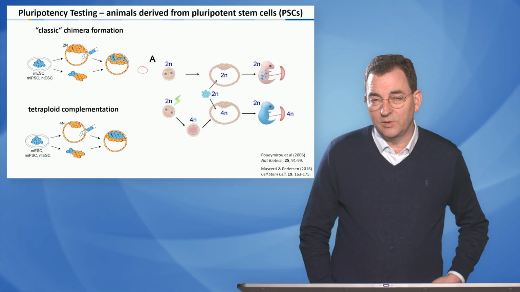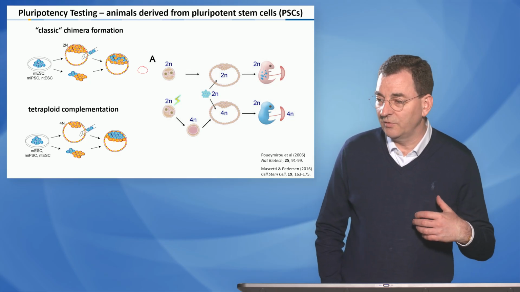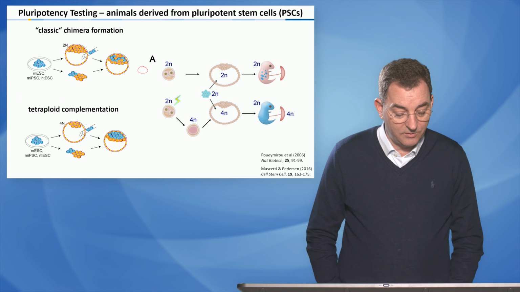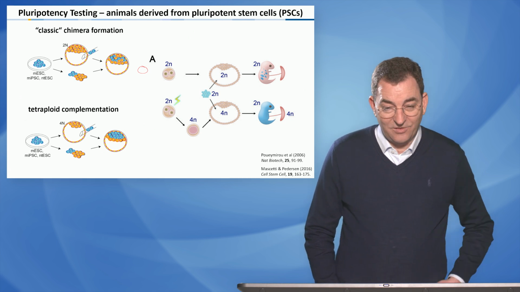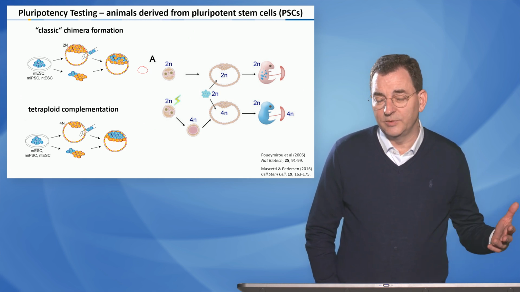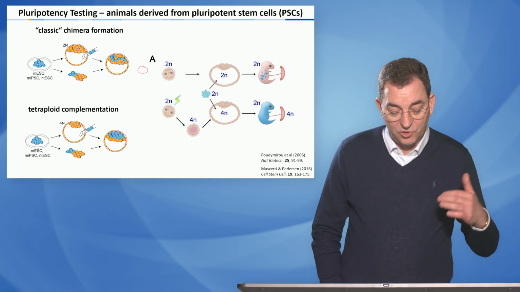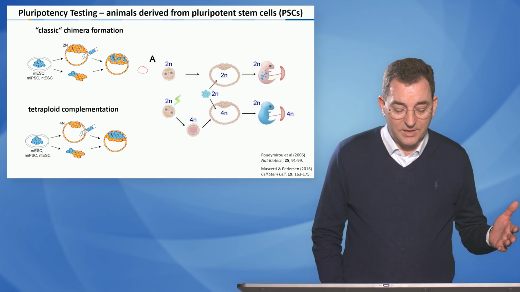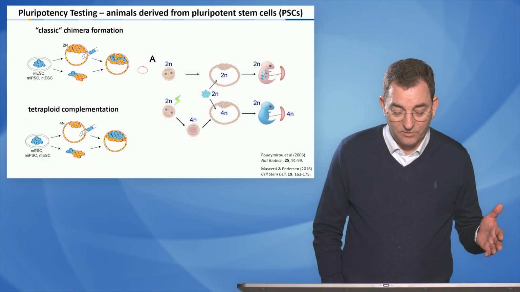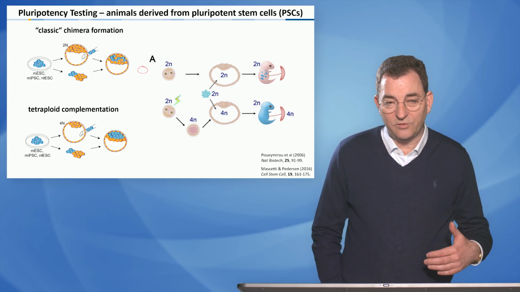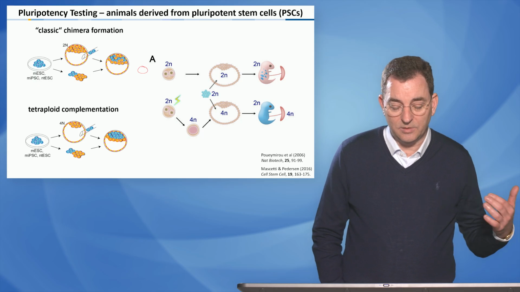So it's tedious work. What you can also do to speed up things is so-called tetraploid complementation. What you start with is a blastocyst which contains 4N, which is tetraploid and not diploid. And such cells don't contribute to the animal at the end, because the animal wouldn't survive. So inject your diploid cells into that tetraploid blastocyst and put it back into an animal, and the only cells capable of forming the animal are the diploid ones.